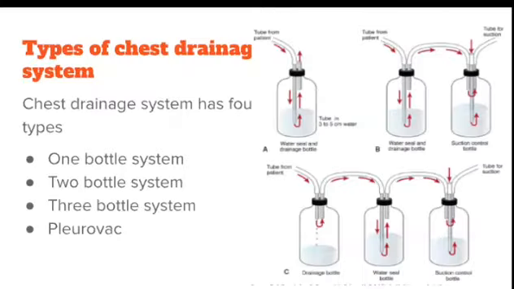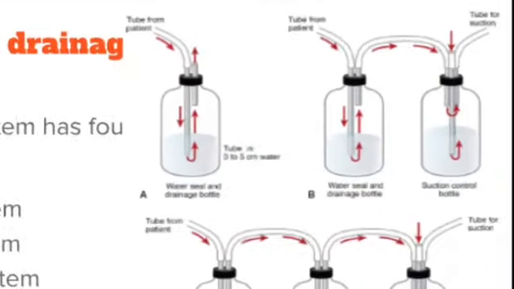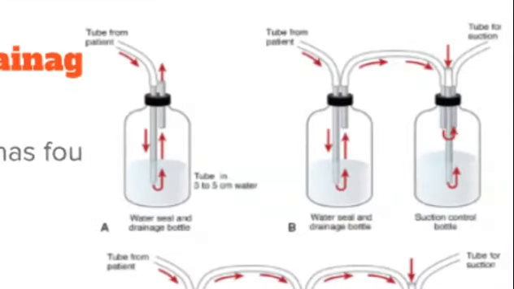In the 1 bottle system, there is one longer tube from the patient, which is dipped inside the water. That is why we call it water seal drainage, so that no air goes through this tube into the patient. Because the pleural space has negative pressure, there is a high chance of atmospheric air entering the pleural space.